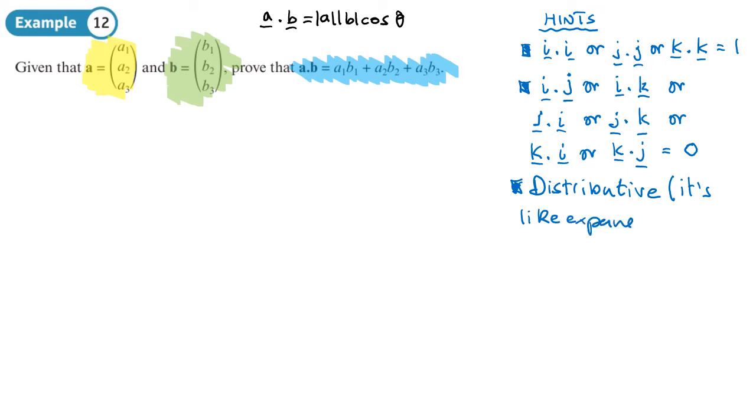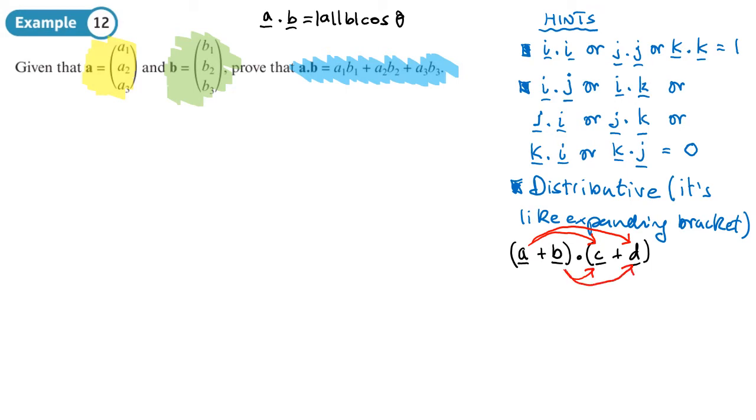There are certain things in maths which are distributive, which means you can expand brackets. So what that means is, if I get something like this, for example, if I had A plus B, so I had vectors like this, dot C plus D, because the dot product is distributive, I can treat this like expanding brackets.